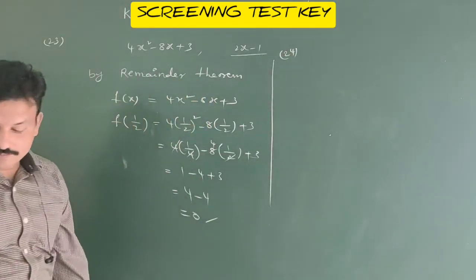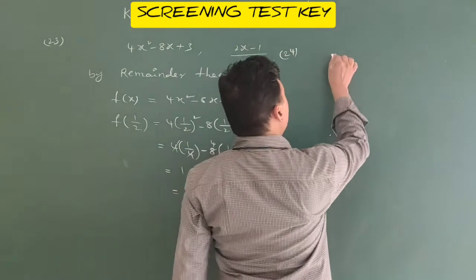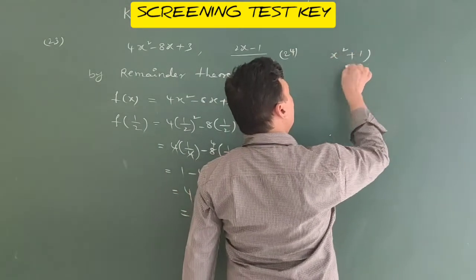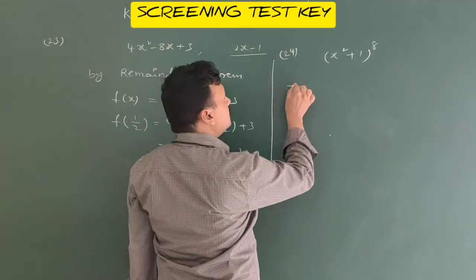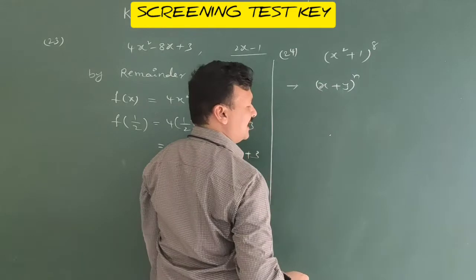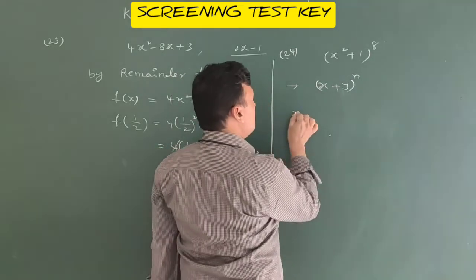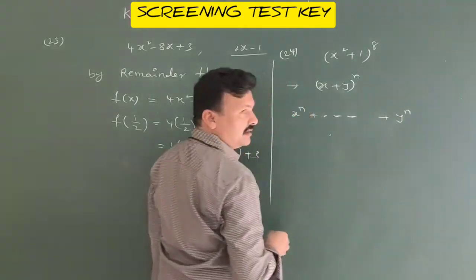And 24th one. The degree of the polynomial (x square plus 1) whole power 8, they give. If you expand (x plus y) whole power n, the first term is x power n and the last term is y power n.